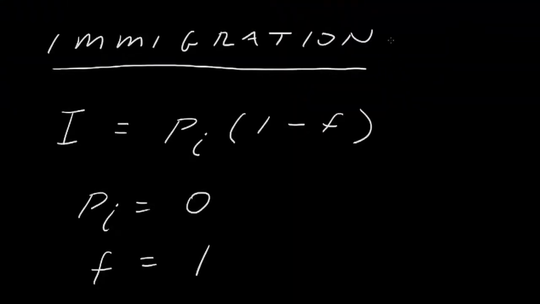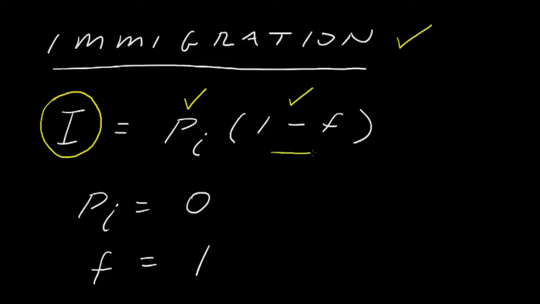Our immigration rate, or our rate of colonization, so that was our big I, is now, again, the product of the two. It's the product of the probability of colonization, so the probability that a site will become colonized, multiplied by 1 minus F. That's 1 minus the fraction of sites that are occupied.